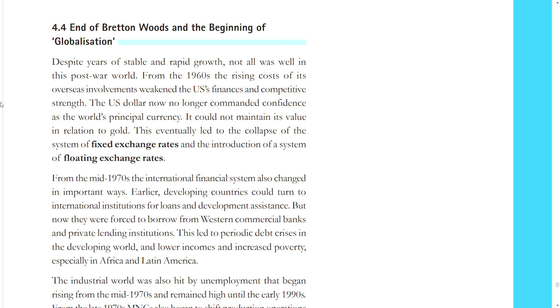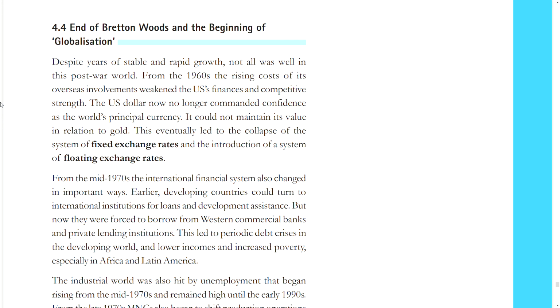End of Bretton Woods and the beginning of globalization. Despite years of stable and rapid growth, not all was well in the post-war world. From the 1960s, the rising cost of its overseas involvements weakened the US's finances and competitive strength.